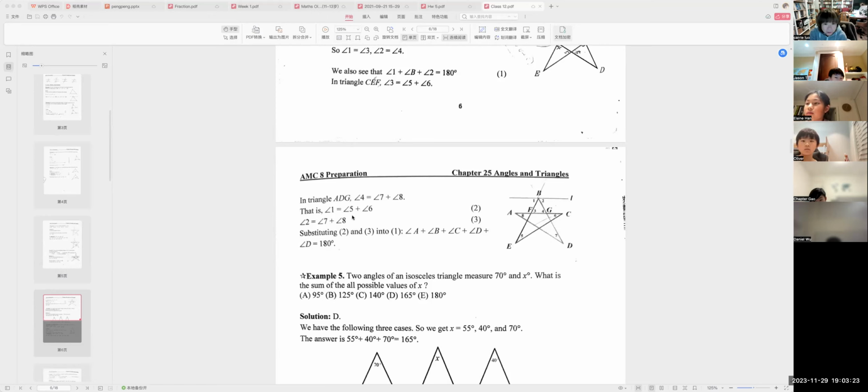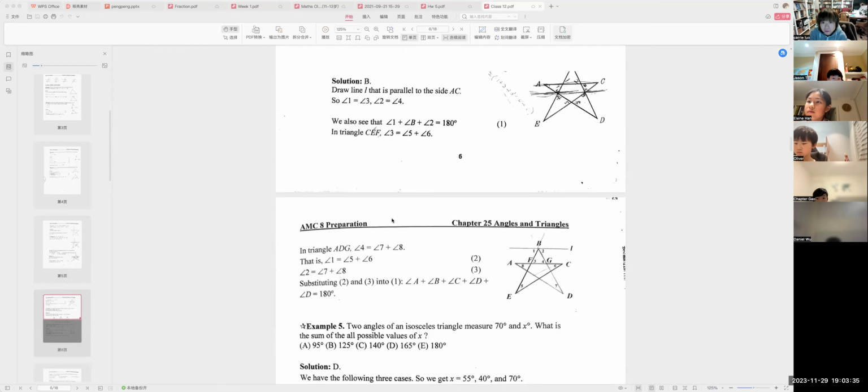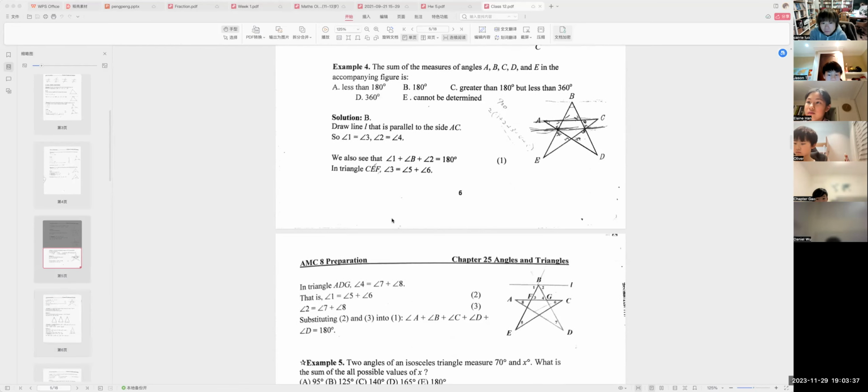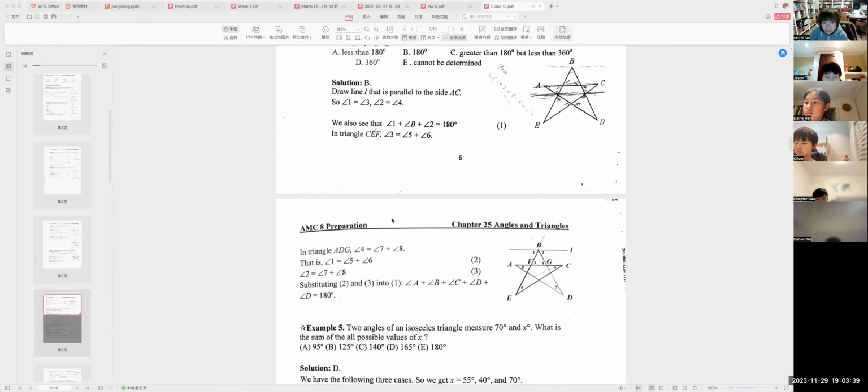So angle 1 equals 5 plus 6 and angle 2 equals 7 plus 8. Correct? So that's why angles A, B, C, D, E sum equals 180. There was a typo here, kids. This one is angle C. Understand, Oliver? Chapter? Daniel? Okay, I see Jason nodding again, very good. Okay.